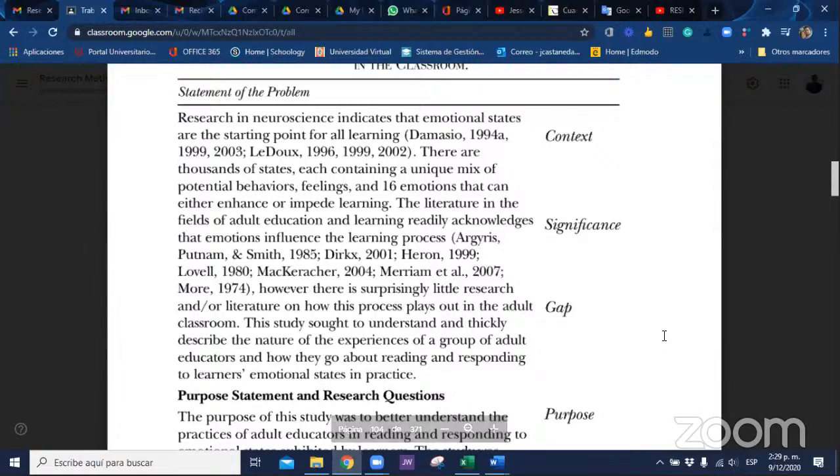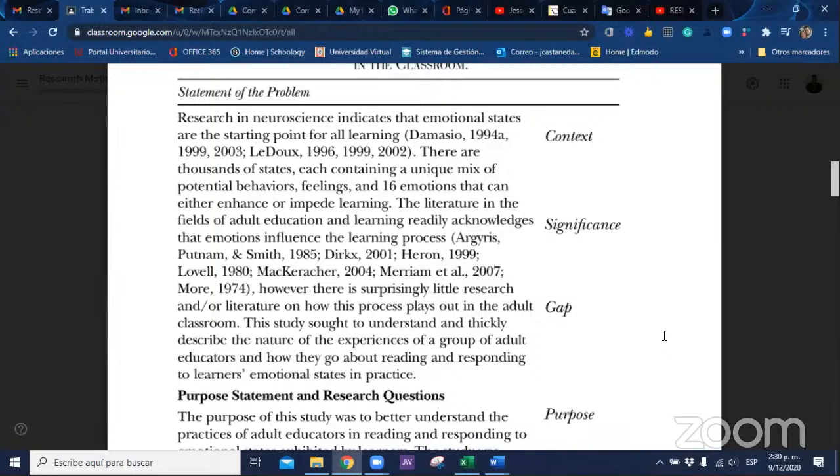Sure, Professor. Research in neuroscience indicates that emotional states are the starting point for all learning. There are thousands of states, each containing a unique mix of potential behaviors, feelings, and emotions that can either enhance or impede learning.